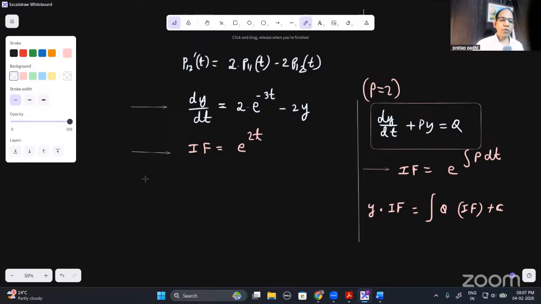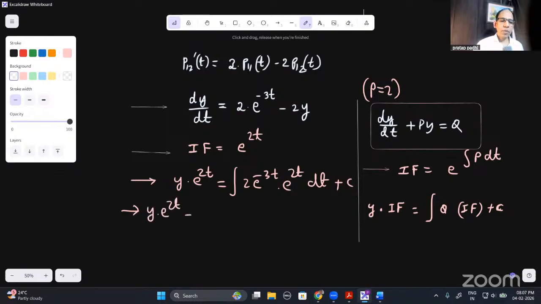So my solution will be y e^2t equal to integral of q, which is 2 e^-3t, times e^2t dt, plus a constant. Now y e^2t will be equal to the integration.